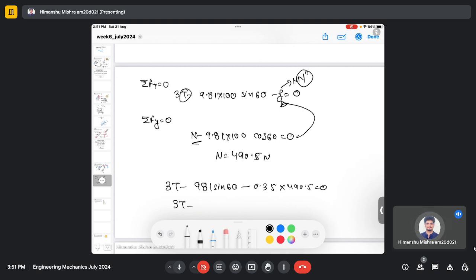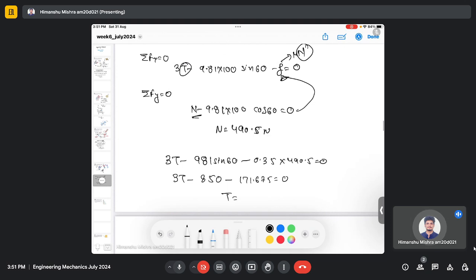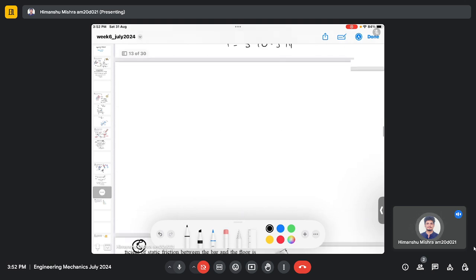So it is 3T minus 850 minus the friction term. On solving this you will get T as 340.5 Newton. So this is the tension force. It's a very similar problem to the one we solved previously. So now let's move to the next problem.